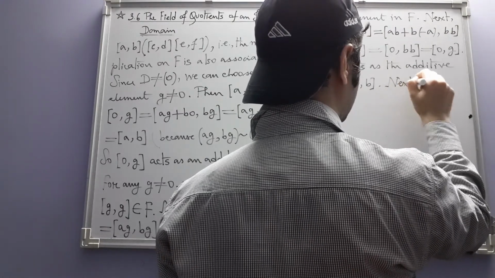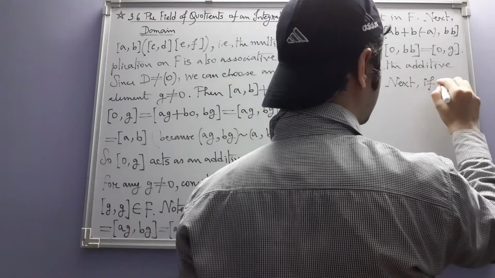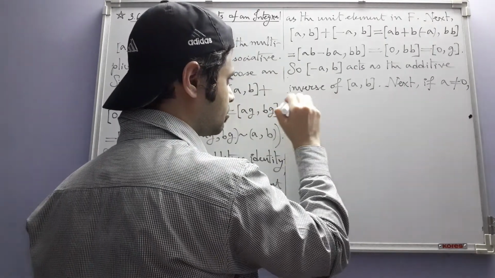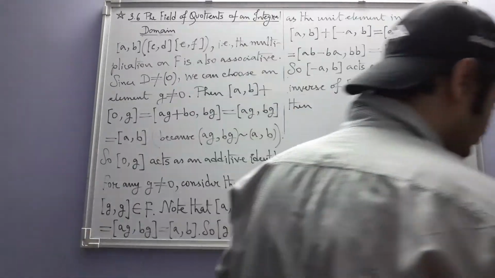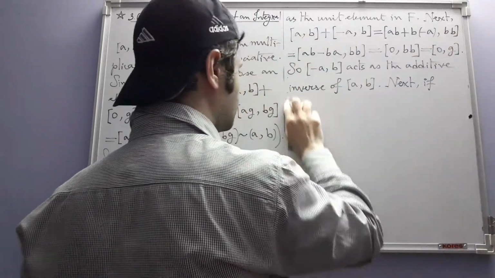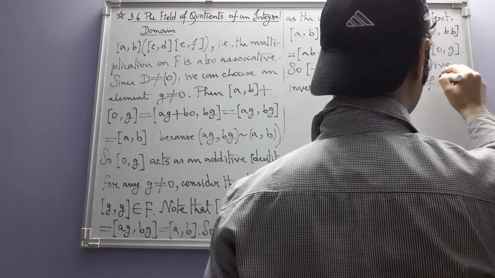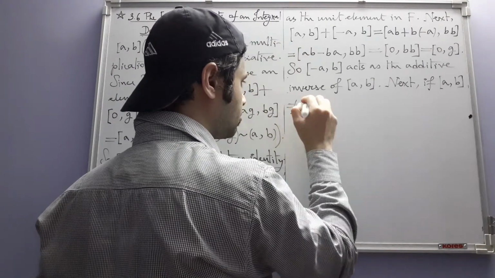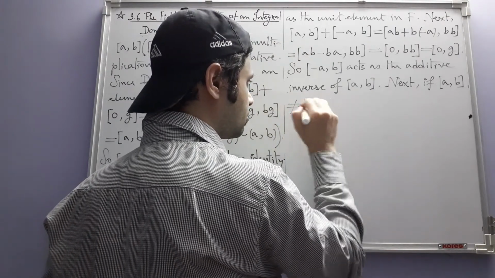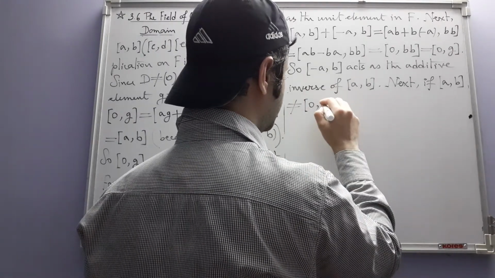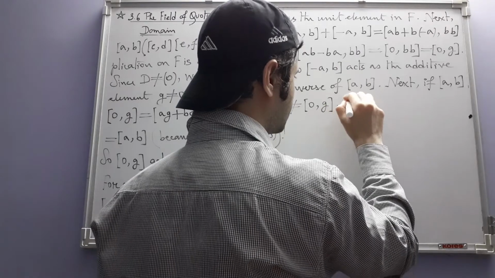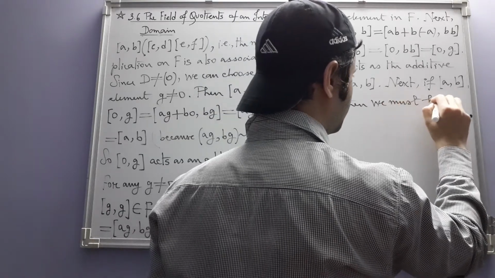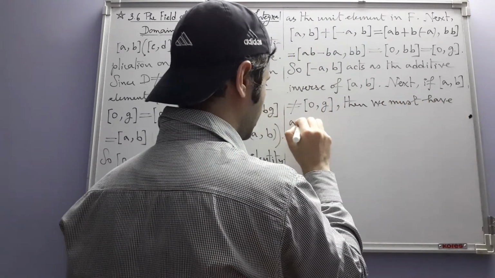Next, if (a, b) is a non-zero element, or I should write it the other way around, if (a, b) is a non-zero element, zero, g say, then we must have a not equal to 0.